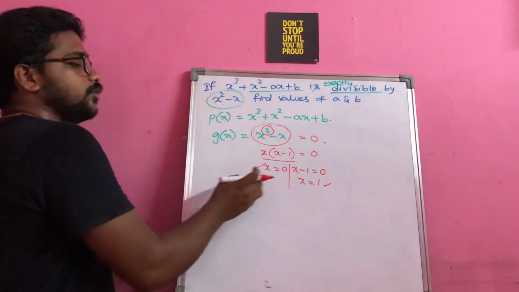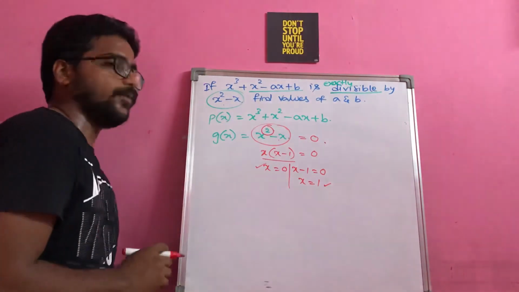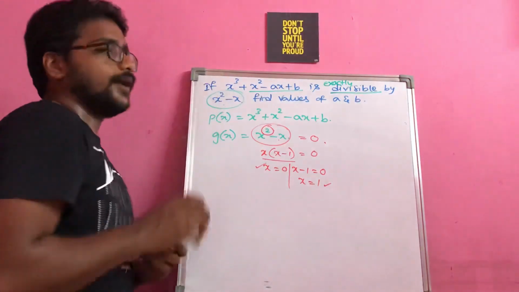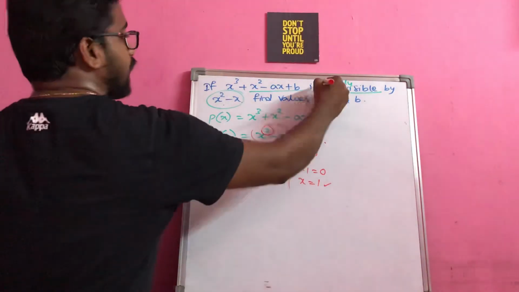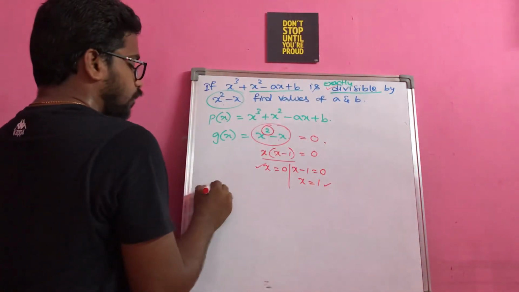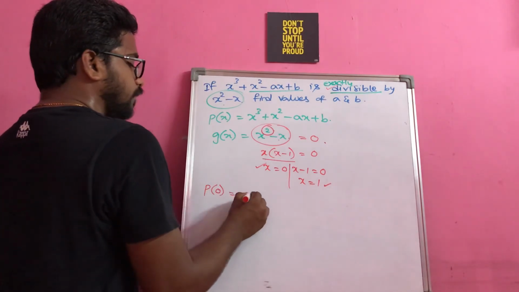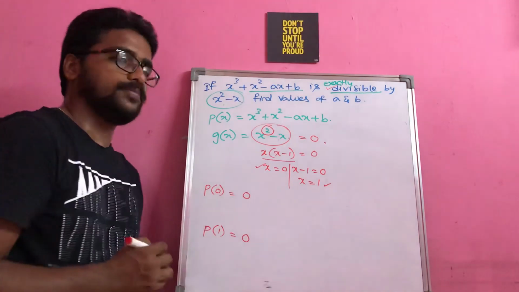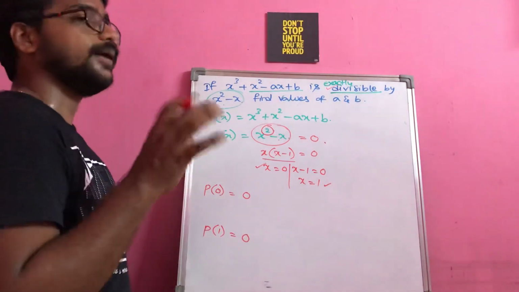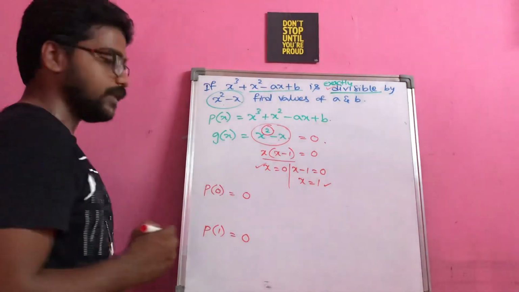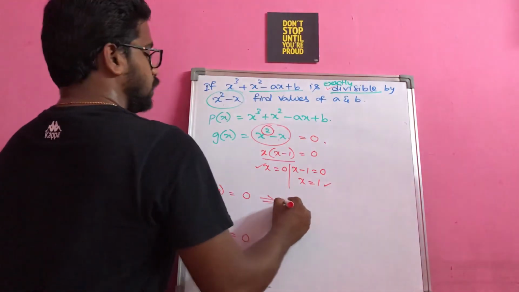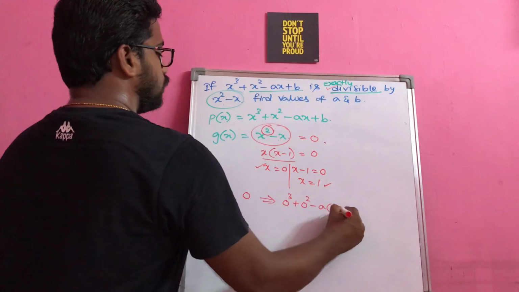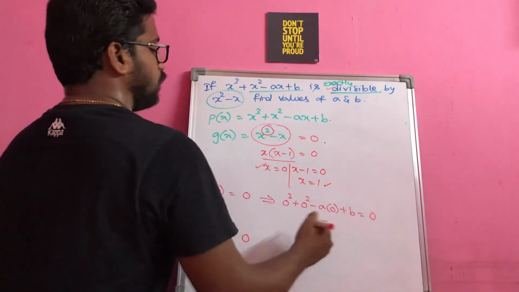So what it means is you have to substitute these in the given polynomial to get the values of a and b. As they said, it is exactly divisible, so the values have to be equated to 0, indicating that it is exactly divisible. Exactly divisible means the remainder has to be 0, obviously. So substitute this: 0 cube, 0 square minus a into 0 plus b is equal to 0.